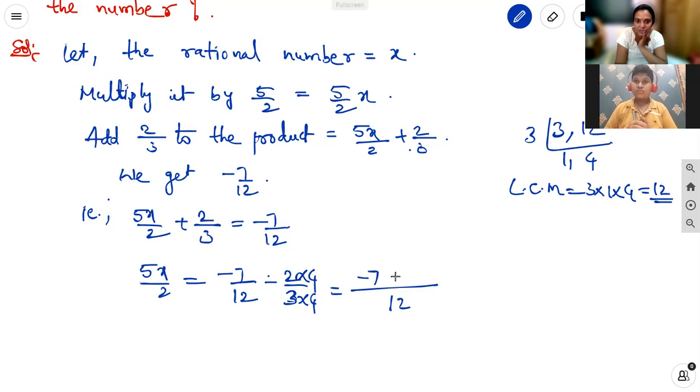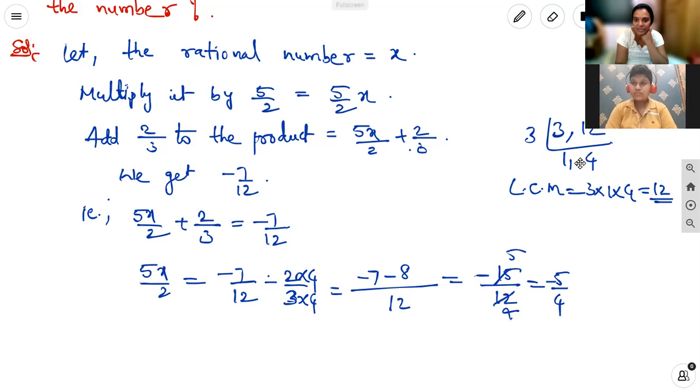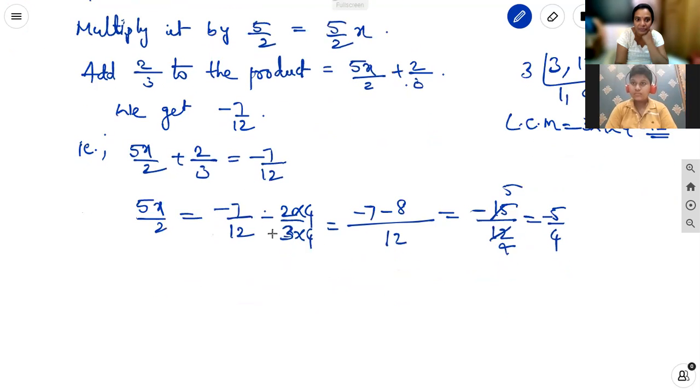So it is minus 2, minus 4 twos are 8. Minus 7, minus 8, both have the same sign, so we add and put the same sign: minus 15 by 12. After simplification, we get the fraction minus 5 by 4.